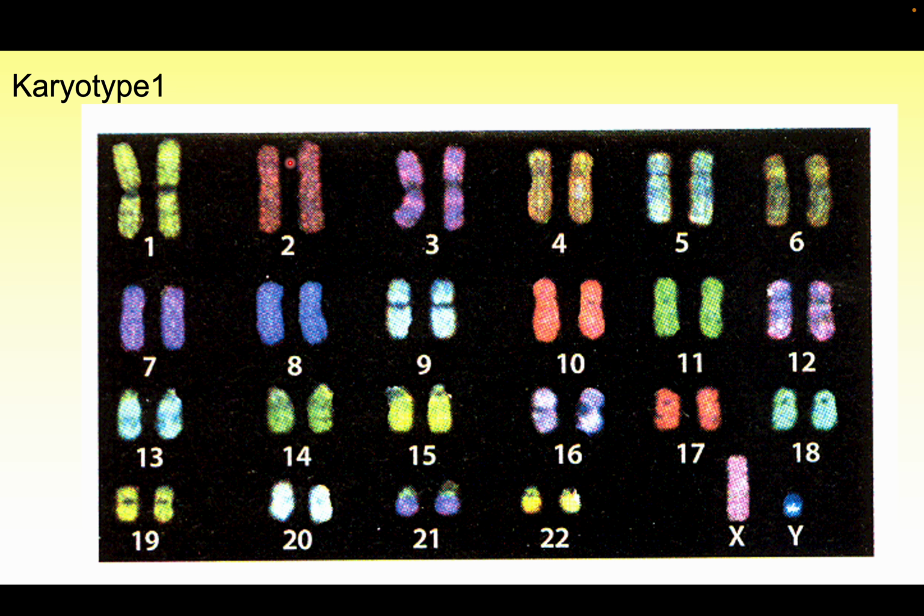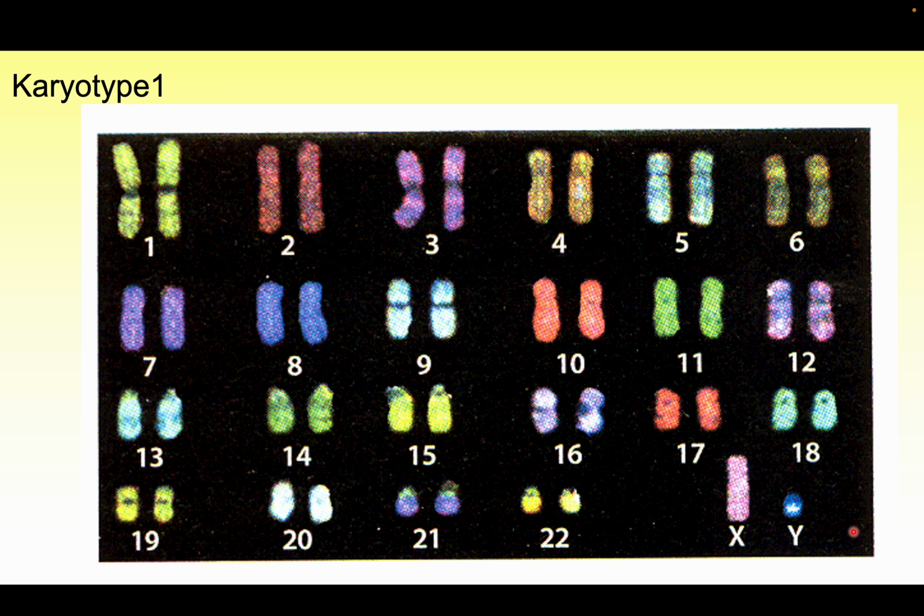From pair 1 to pair 22, those are what we call autosomes, while our sex chromosomes, X and Y, are the 23rd pair, X and Y or X and X.